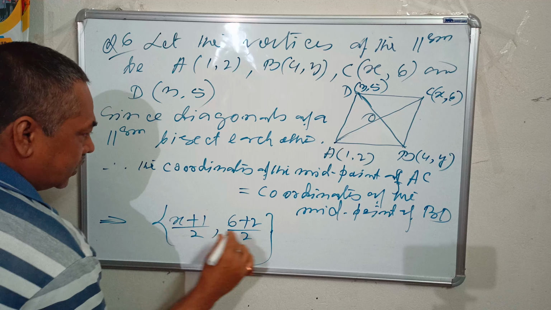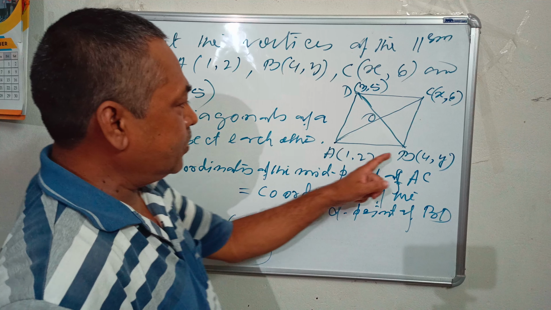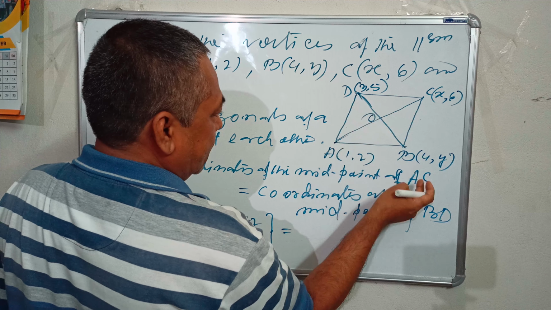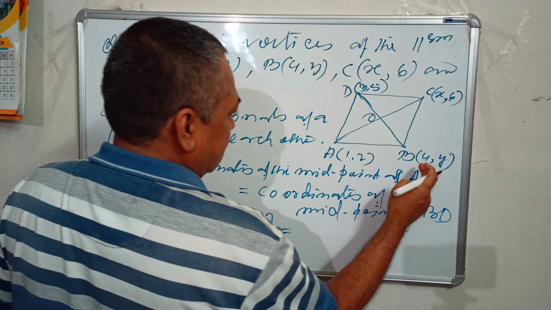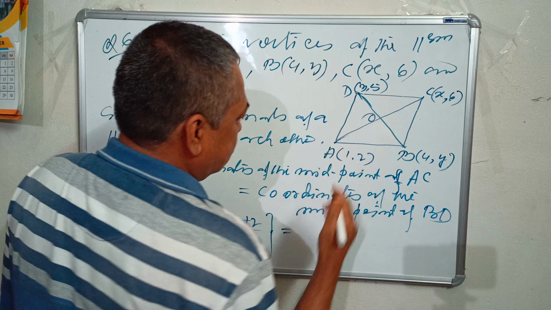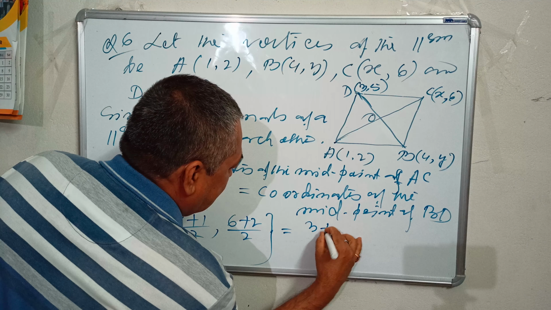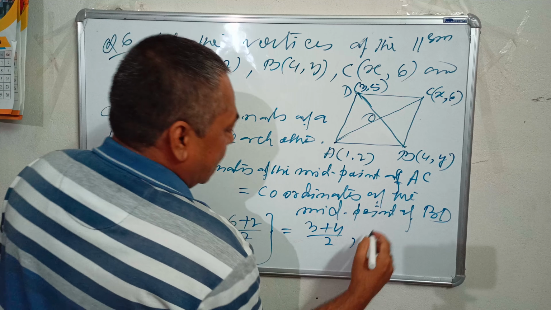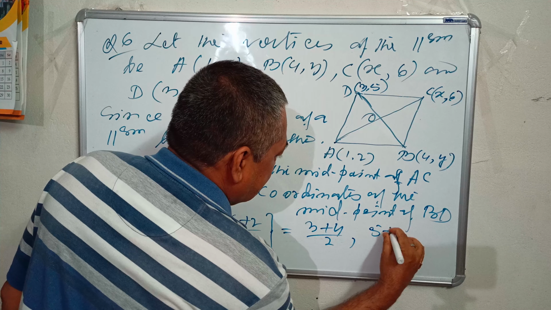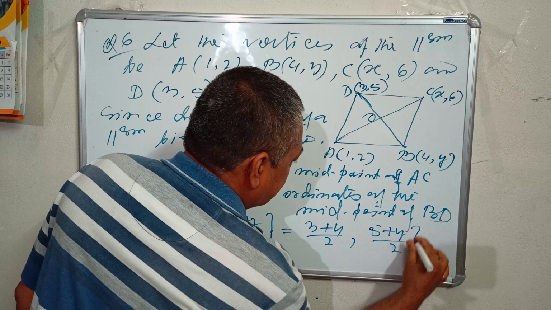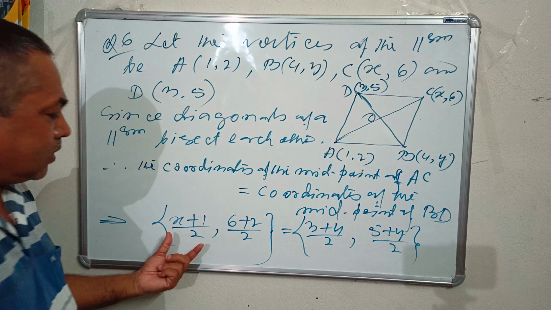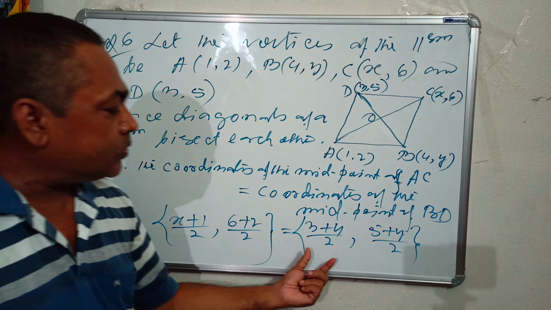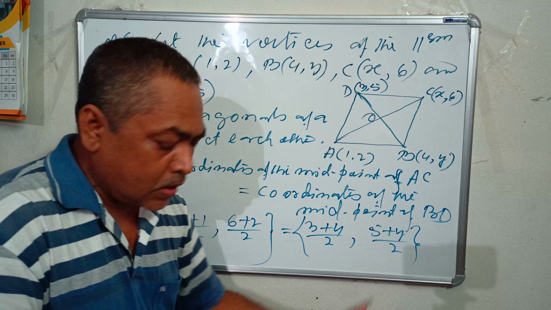For BD also, O is the midpoint: (3 plus 4) divided by 2 and (5 plus y) divided by 2. That means this value of x and this value of y are respectively equal to that value of x and that value of y.